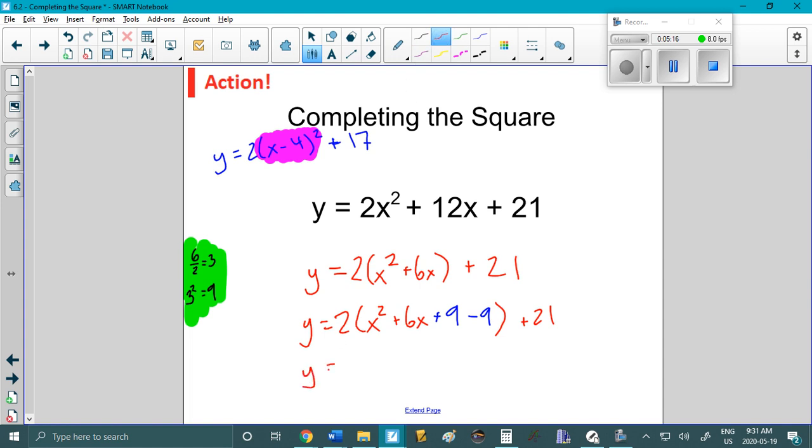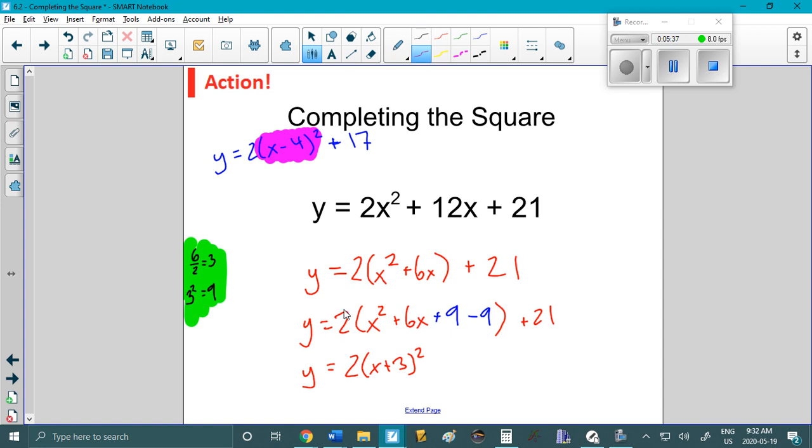All right, so now we're going to come in here, and we are going to factor the first 3 terms. So if we do that, we get x plus 3 squared. Okay, and this 2 is still attached to this first part. And now we have this negative 9, but it's in the brackets.